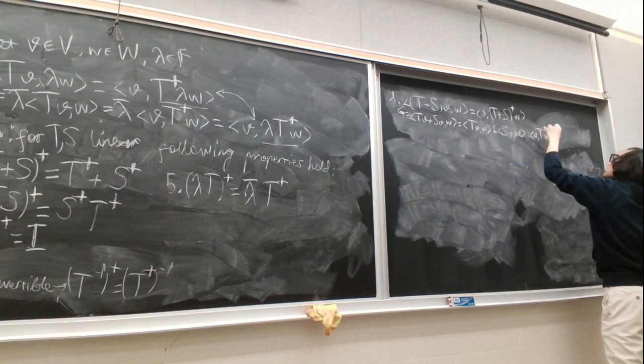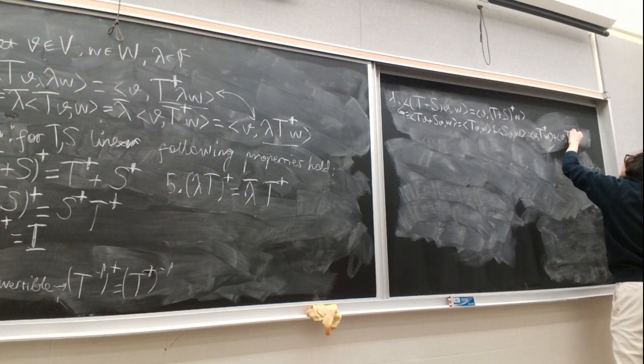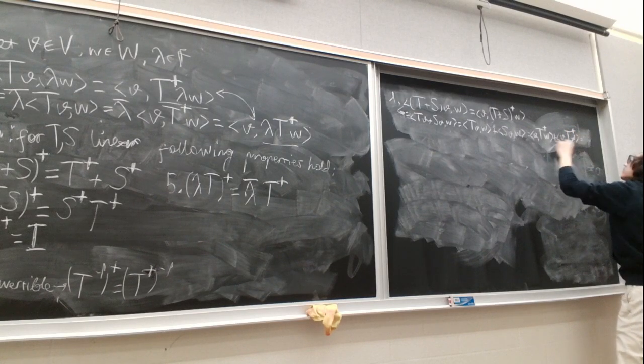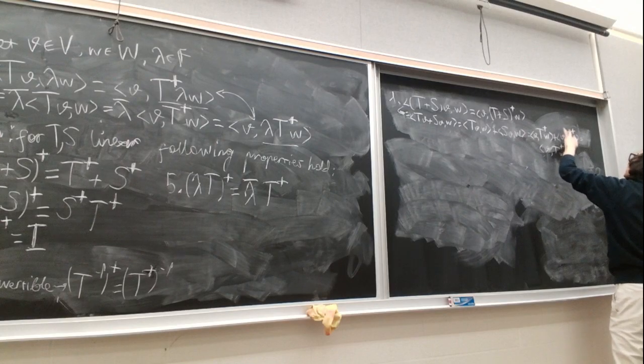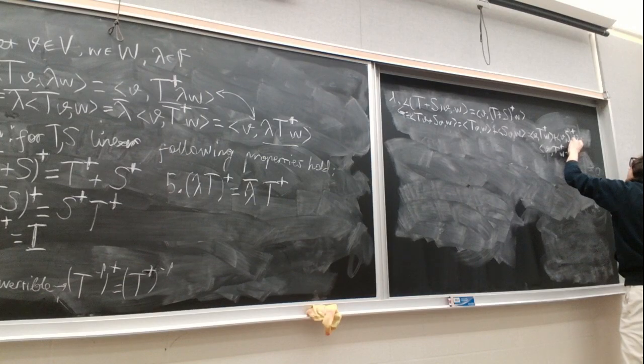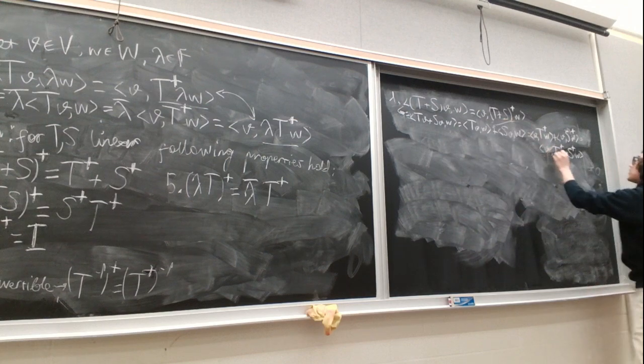So we end up with this. And then you just add them together. One of them is supposed to be an S, sorry. Yeah, right. And so this is equal to this. Yay.